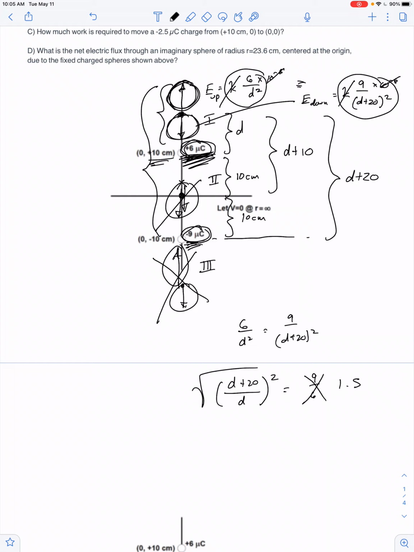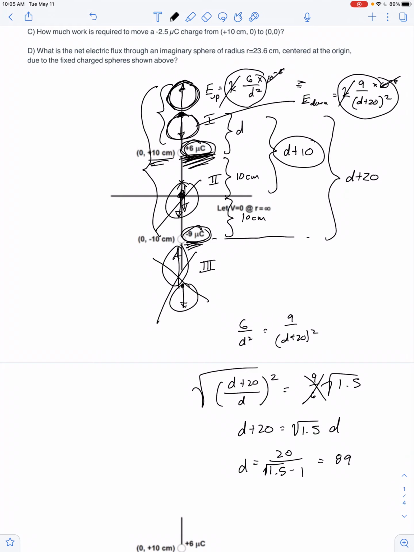If we take the square root of both sides, d plus 20 is equal to root 1.5 times d. So d is equal to 20 divided by root 1.5 minus 1, which gives us 89. So then what's the distance from the origin?